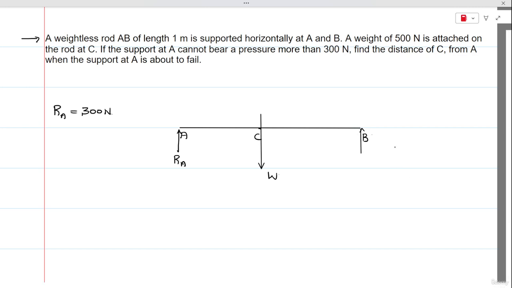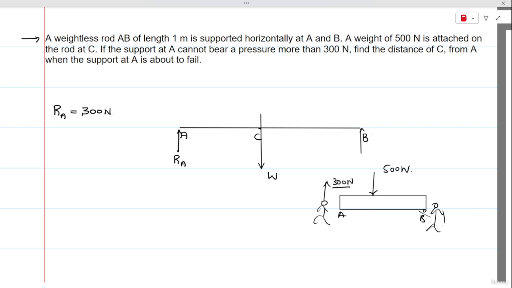So here you can see the given problem is identical to a scenario where two persons are carrying a table, and on that table a weight of 500 newtons is being placed, and the person at point A has the capacity to lift only 300 newtons, or 30 kgs, with bare hands.